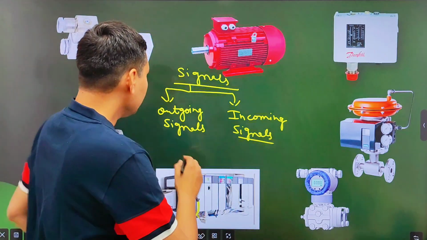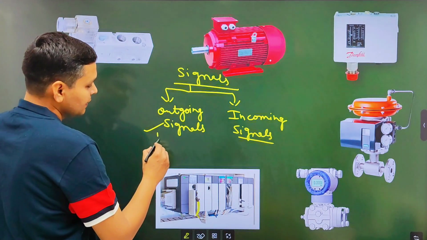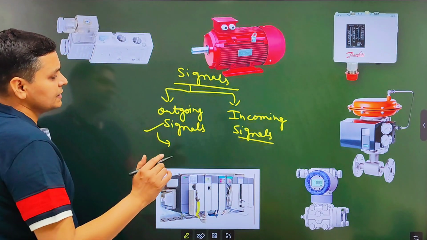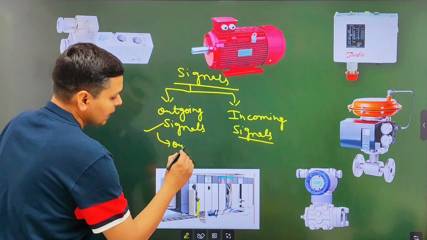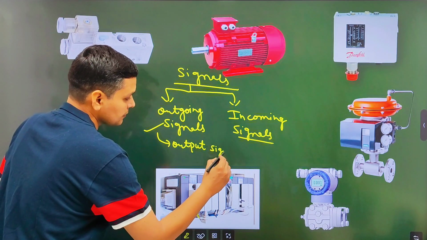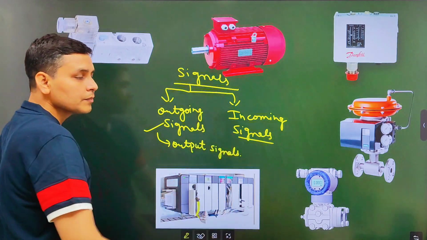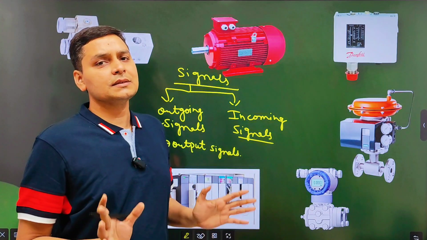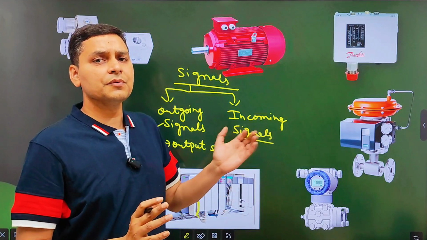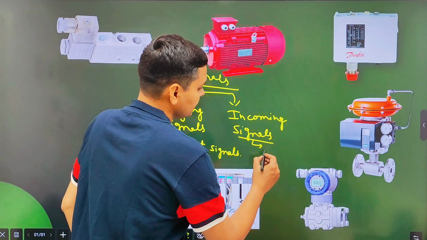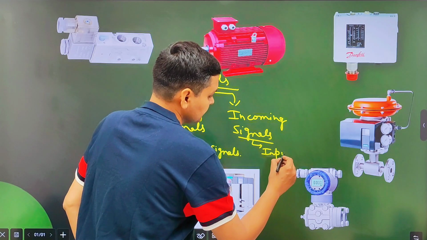Outgoing signals are those signals that are going somewhere, and they are also known as output signals. Incoming signals are those signals that are coming from somewhere, and they are also known as input signals.